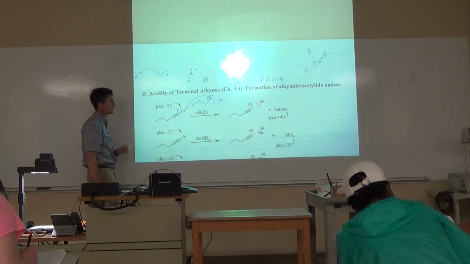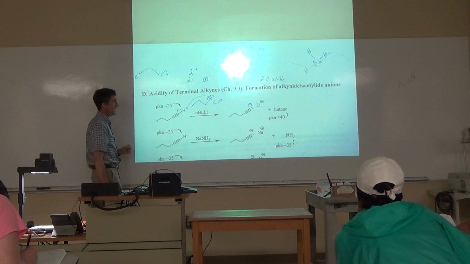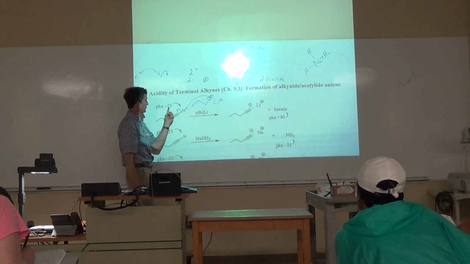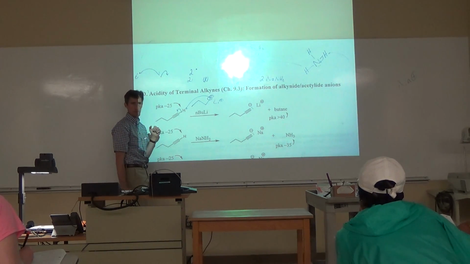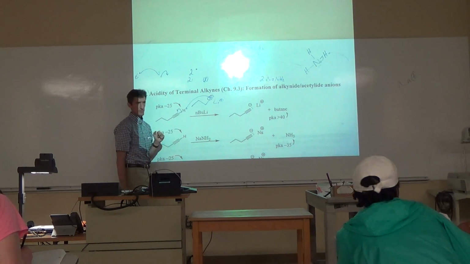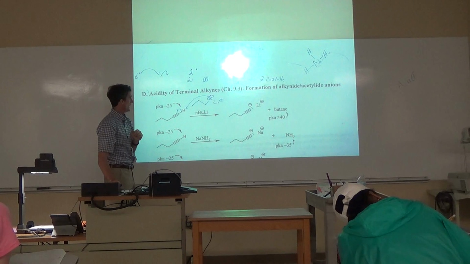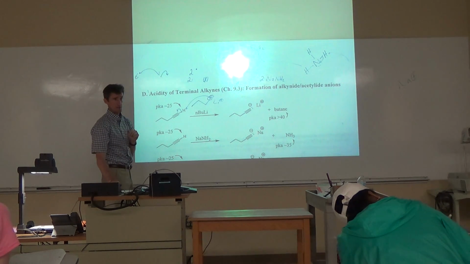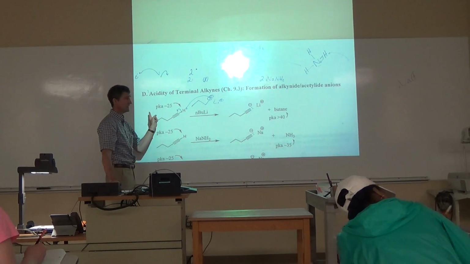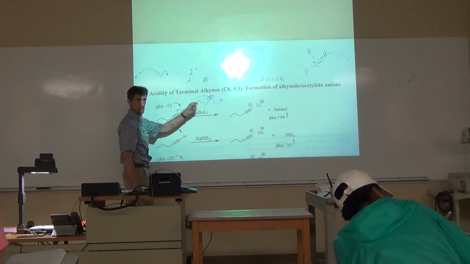Yeah? Which side's favored, 25 or 40? 40's favored, right? By how much? At least 10 to the 15, which is 100 billion or something. Will this reaction take place as shown fully?